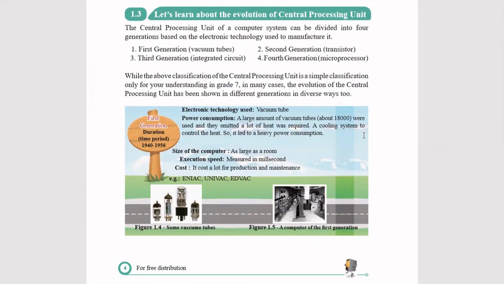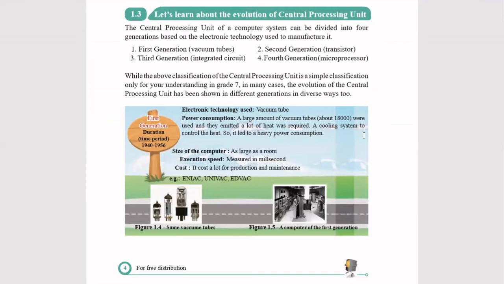You should know the basic idea, not the whole history. If somebody says first generation of CPU or the computer, it is about vacuum tubes, right? That is the main technology they used.